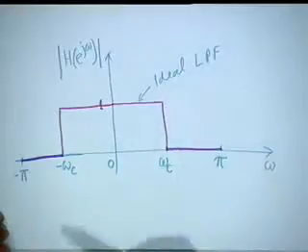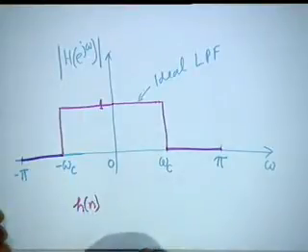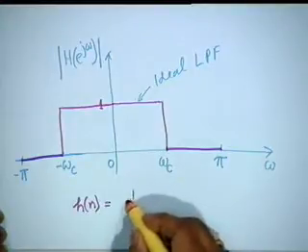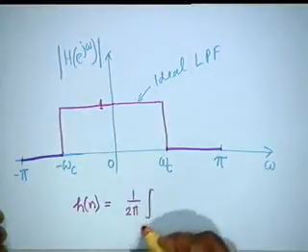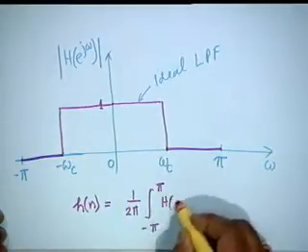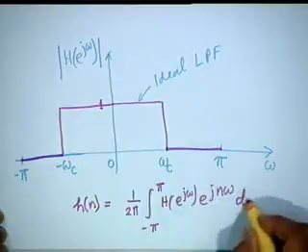One is that if I have a characteristic like this, its impulse response h of n is non-causal. That is, how do you find impulse response? 1 over 2 pi integral minus pi to pi capital H of e to the j omega, e to the j n omega d omega.